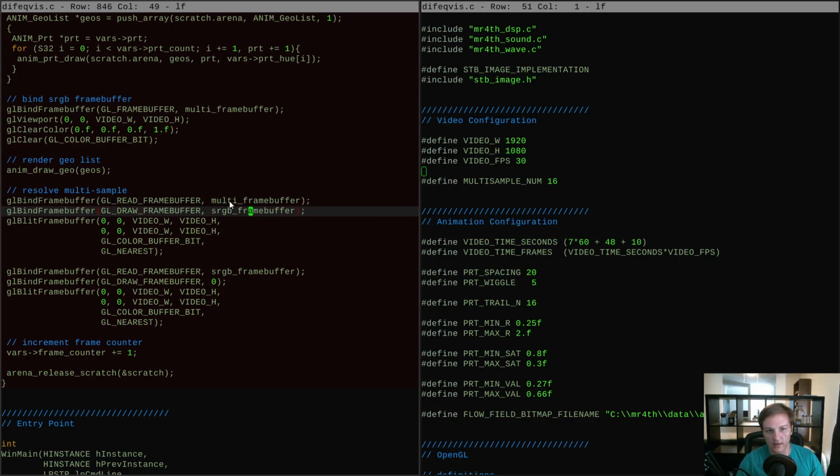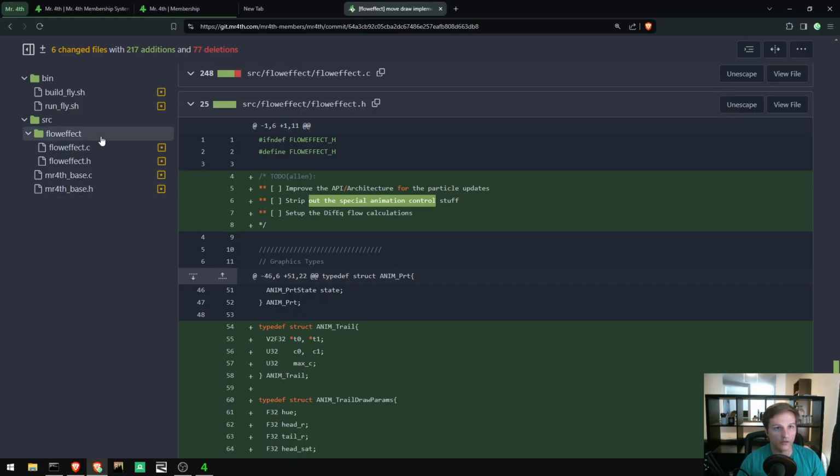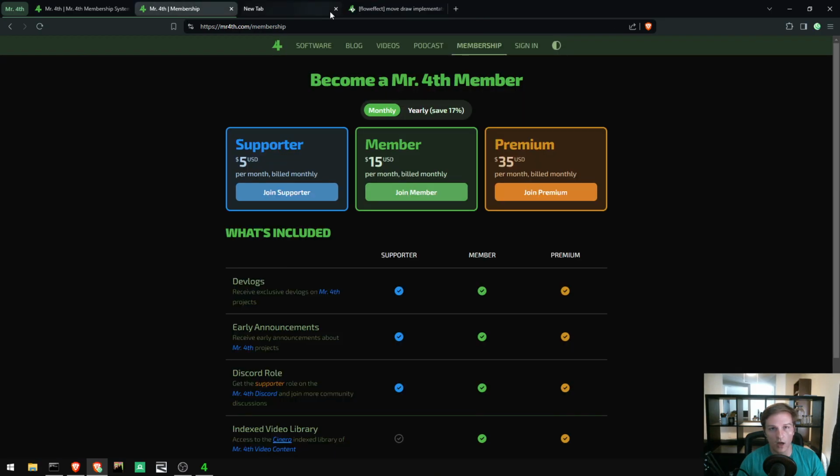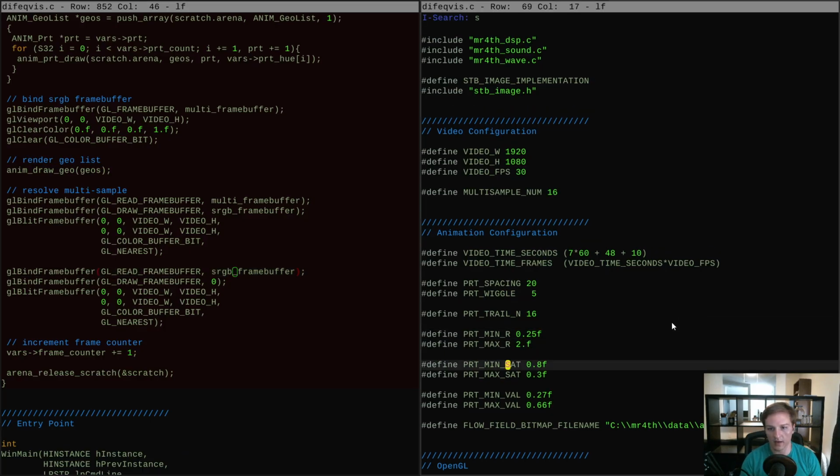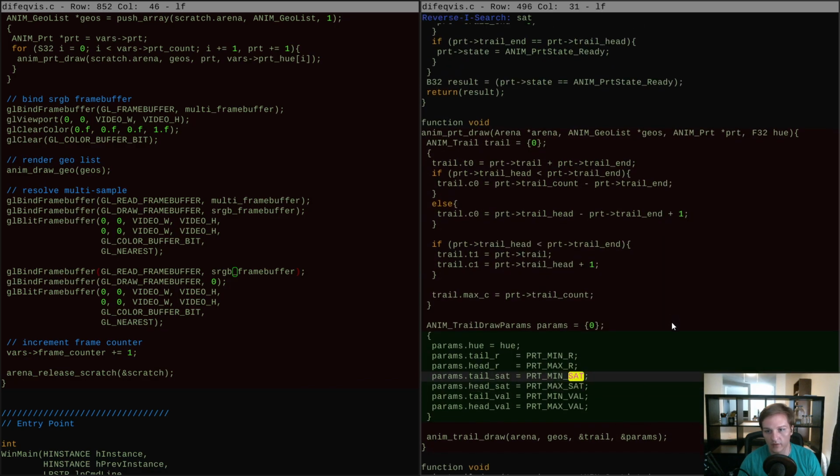The other thing it does is this is in a space called linear color space, but your screen is in a space called sRGB. If you want to do color math, like add and blend colors, or interpolate, like hue saturation value, because I'm using those here, we've got saturation values and stuff.